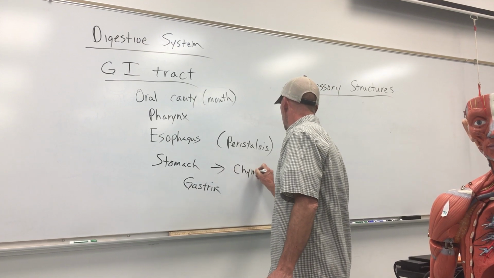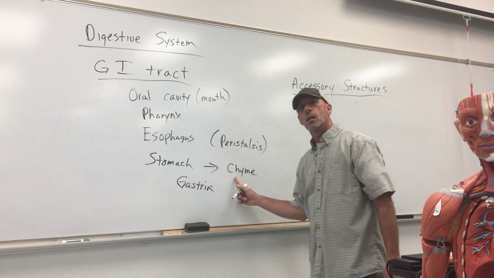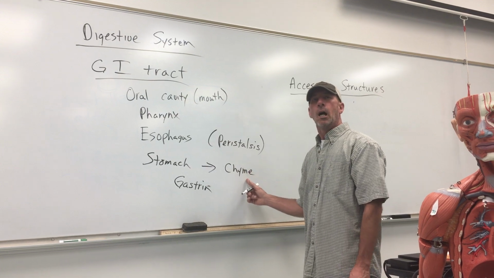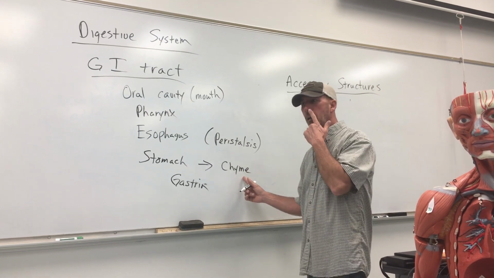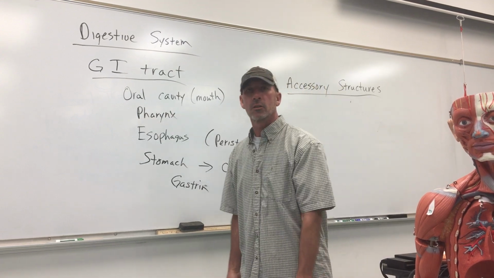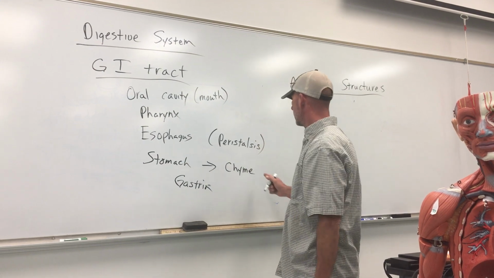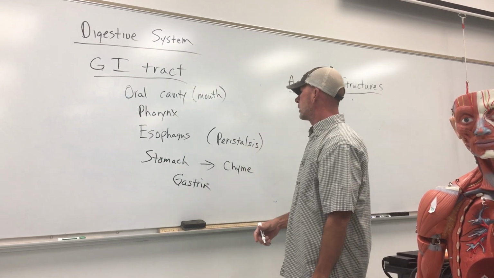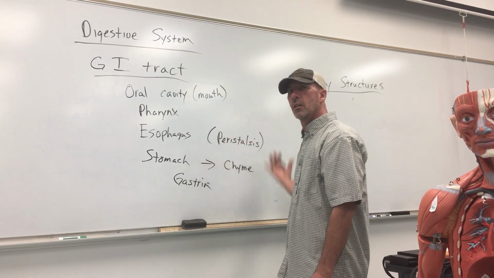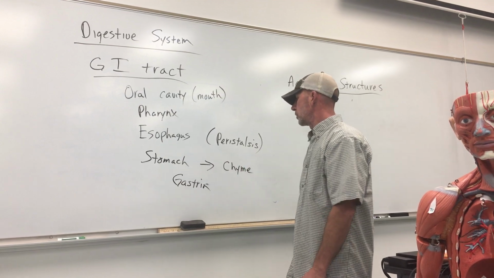Chyme is what is going to leave the stomach and start into the small intestine. Chyme is basically like a milkshake-like consistency. It has been thoroughly mixed, both mechanically and chemically, and will enter the small intestine for the last of the chemical aspect of digestion. Once the chyme is prepared to go, the gastrin has already been released so that the intestines are prepared for the material that it's about to receive.